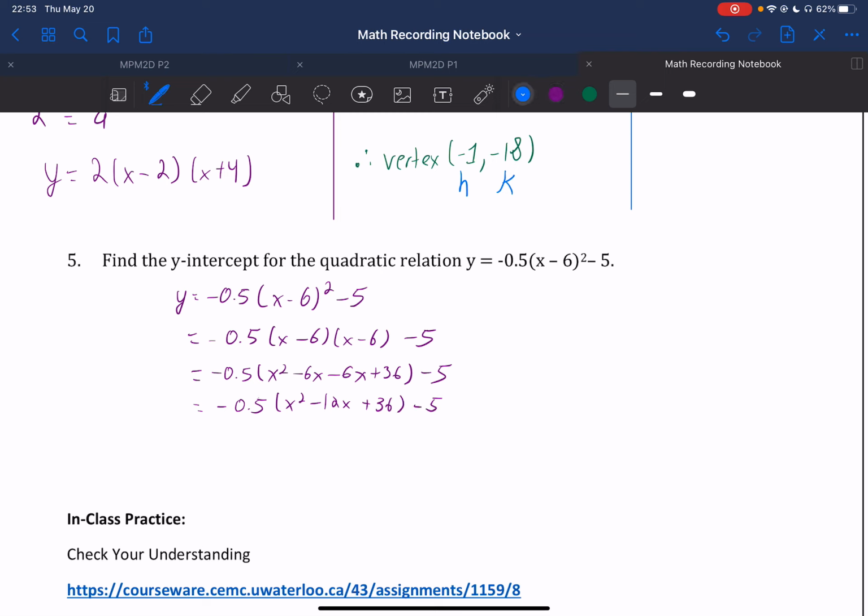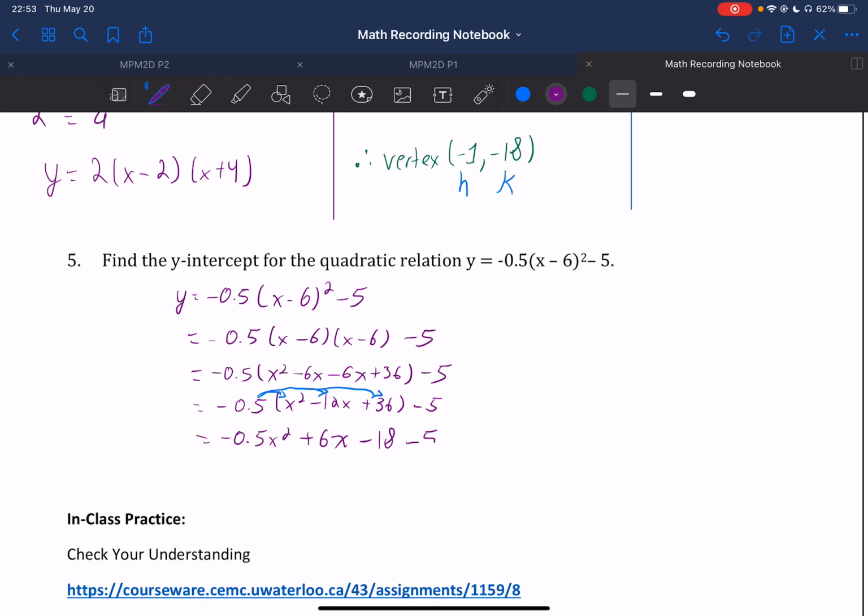Next step is to bring this -0.5 into the entire bracket. We're going to distribute it in. So when we distribute it in, we get -0.5x squared. -0.5 times -12x gives us positive 6x. -0.5 times positive 36 gives us -18.